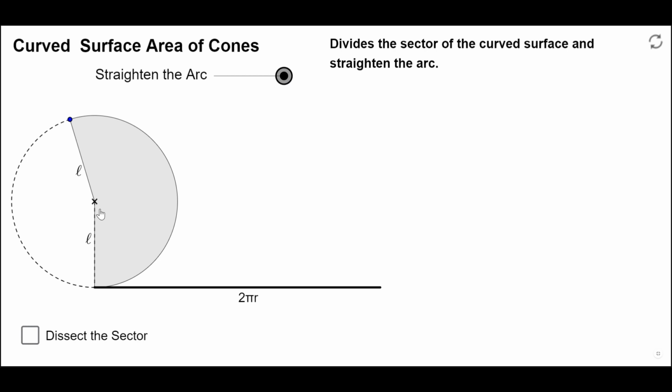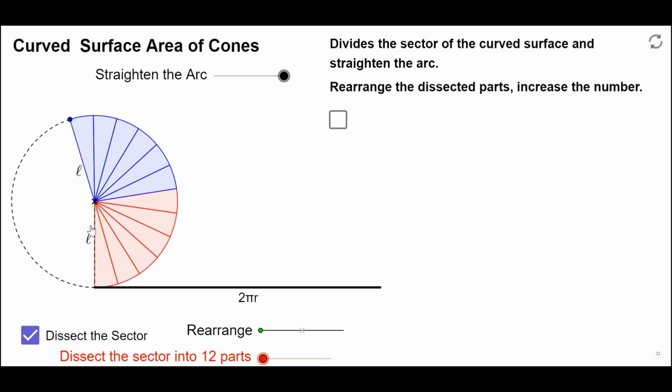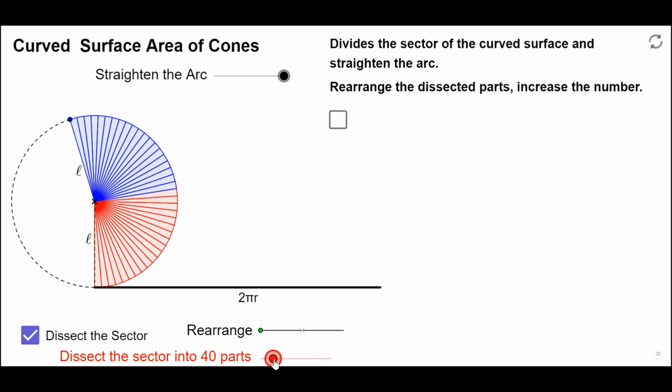Now, as I said, I am going to dissect this into small triangles. If I want to make it 12 parts, it will look like this. Or if I want to cut it into many parts, it will look like this. I'm going to rearrange these triangles along the length of the arc.